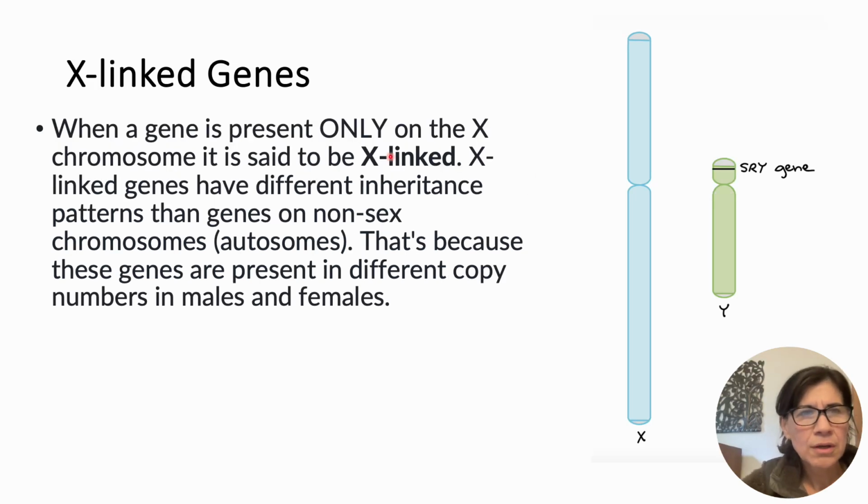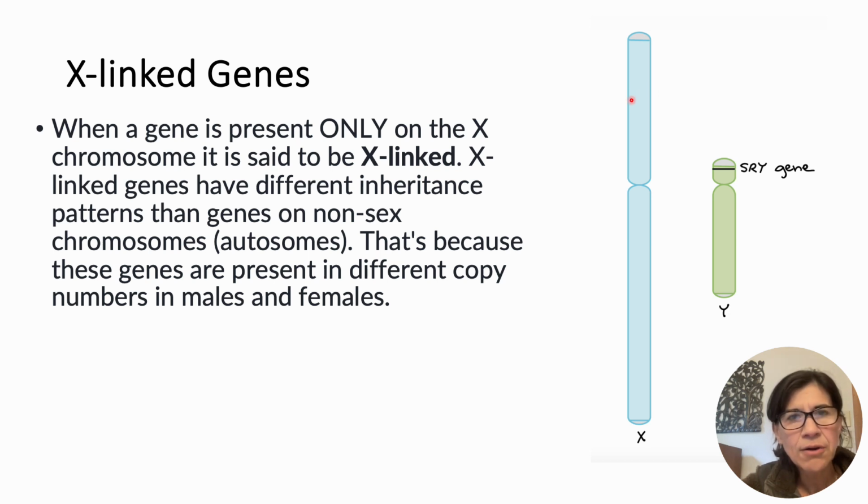When a gene is present on the X chromosome and there's no homologous counterpart on the Y, for example genes found up here on the X, they're not going to be on the Y chromosome. We call those X-linked genes.